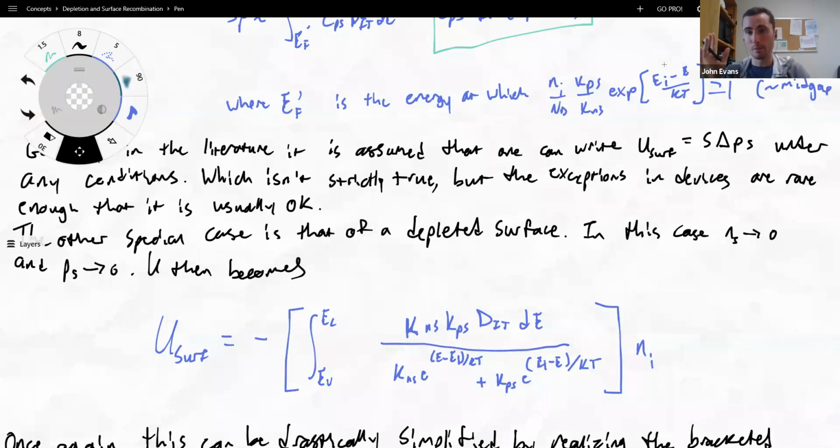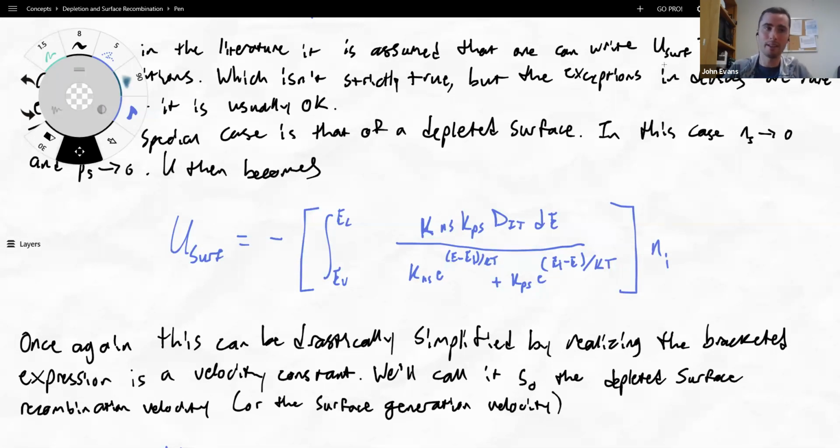All right, so that's special case number 1, is saying we're low level injection. The other special case is, what if we're at a depleted surface? So in this case, we have that the surface concentration of electrons and holes is basically nothing. In that case, the recombination rate simplifies considerably.